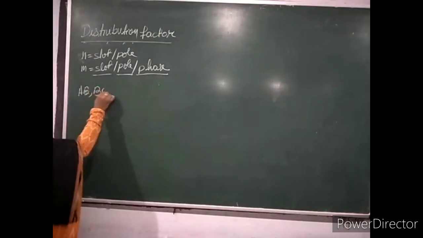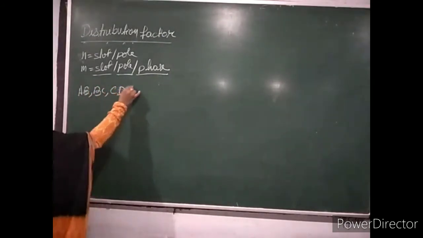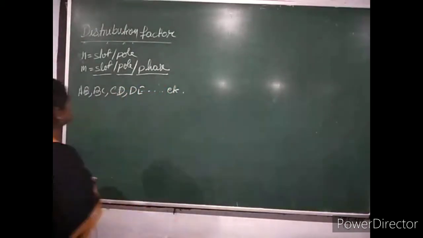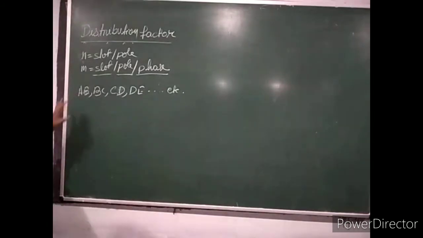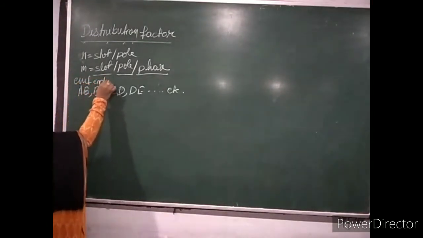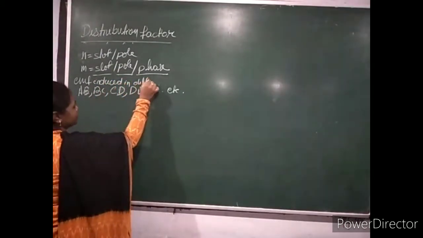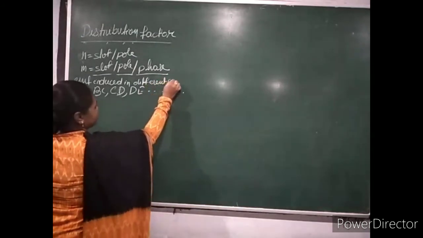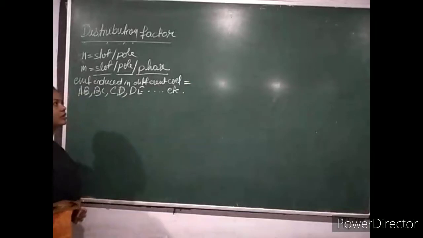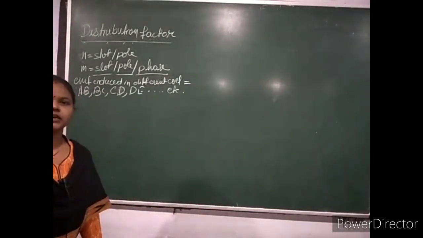AB, BC, CD, DE, etc. Okay. These are the EMF induced in different coils under each pole of each phase. Okay.